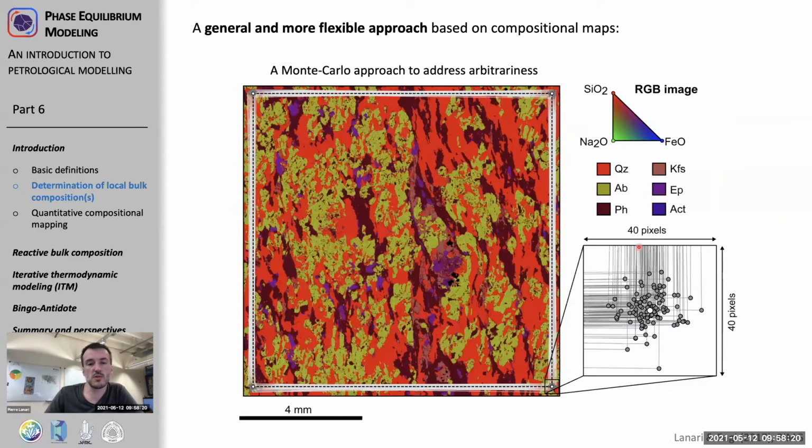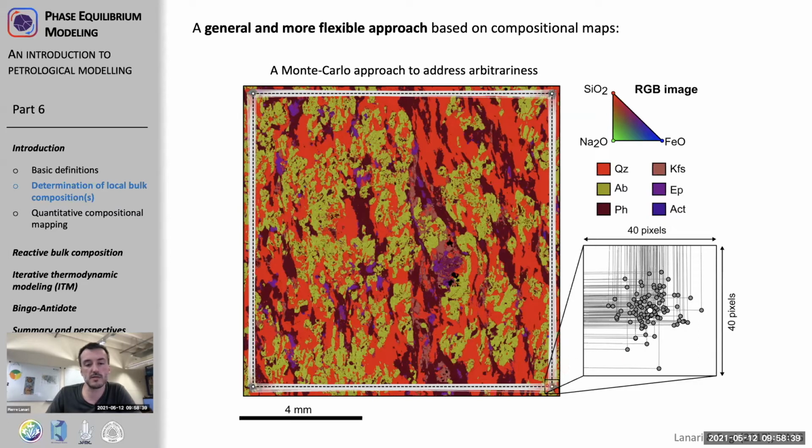We can also estimate an uncertainty because, of course, if everyone here would select on this map, that is another example, a quite large area of interest, then you might end up with small differences. And we can simulate that by using a Monte Carlo simulation.